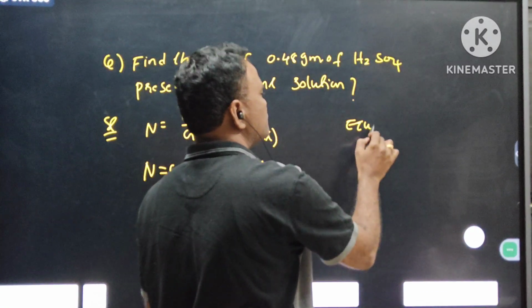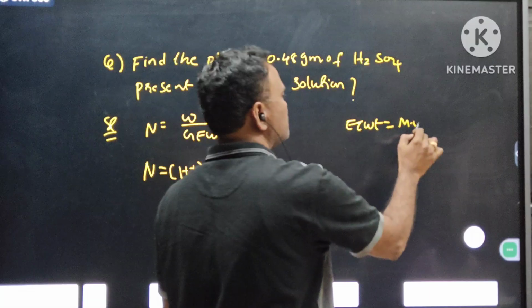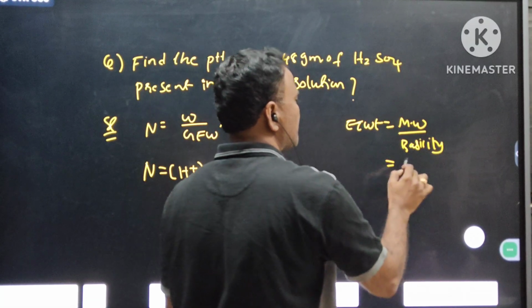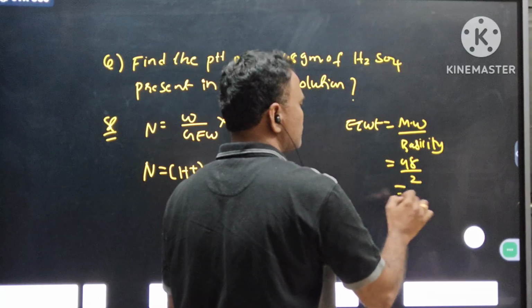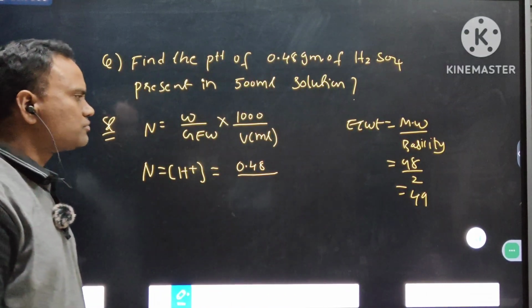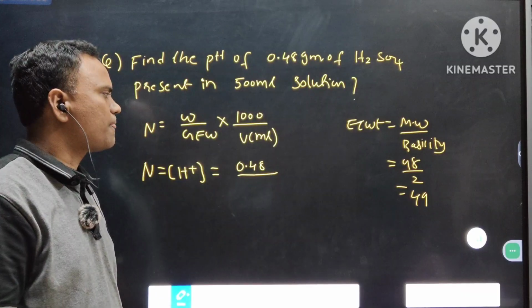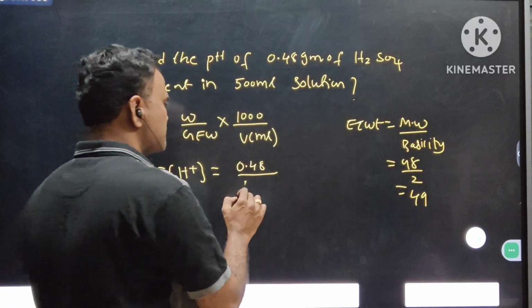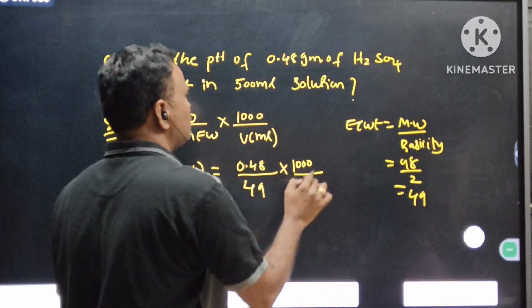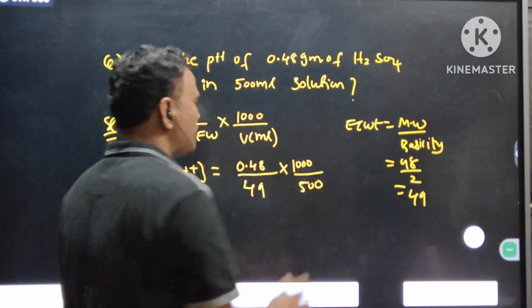Equivalent weight for acids is equal to molecular weight by basicity. Molecular weight is 98, basicity is 2, so 49, into 1000 by volume, which is 500.